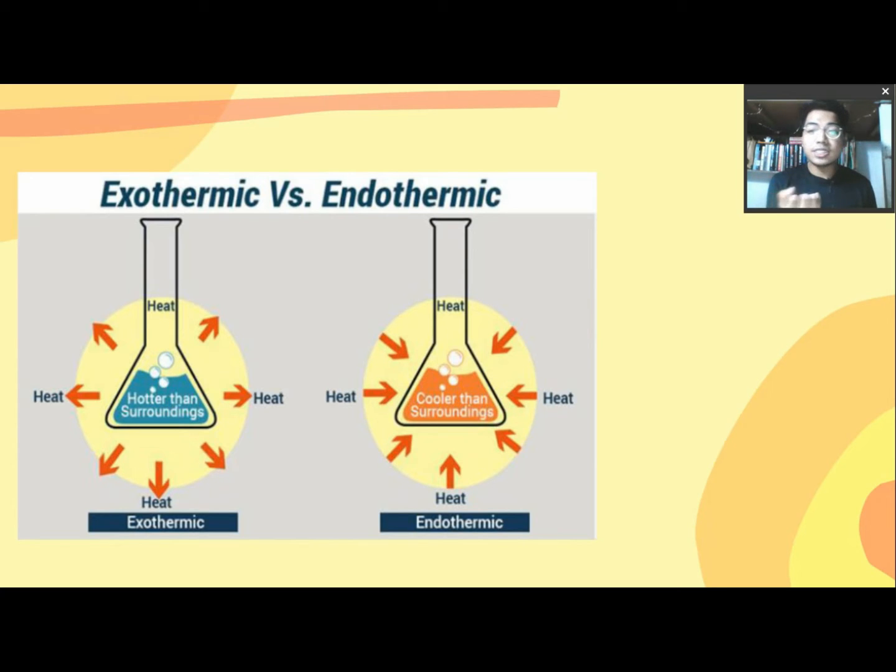So if the ice cream is absorbing the heat, what type of process is happening? It is an endothermic process. The ice cream is melting because of the movement of heat from the surrounding to that ice cream.